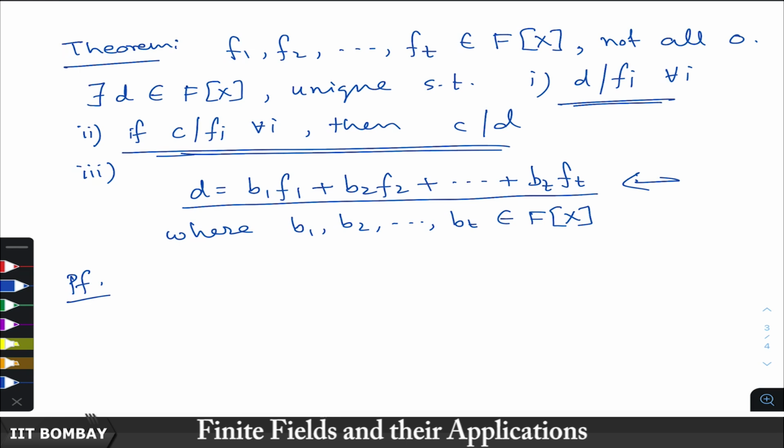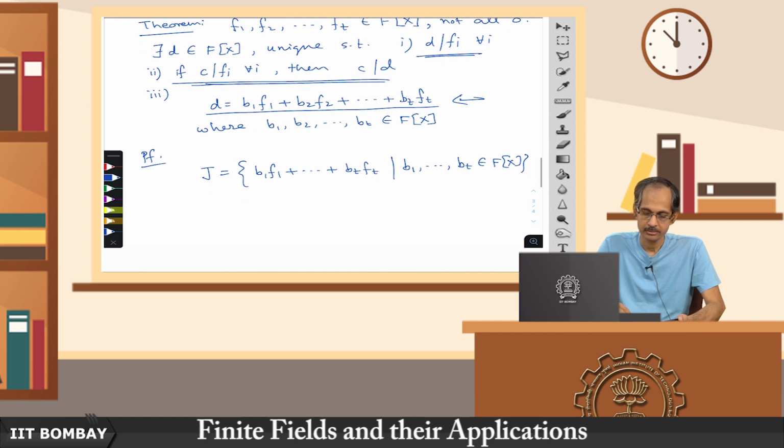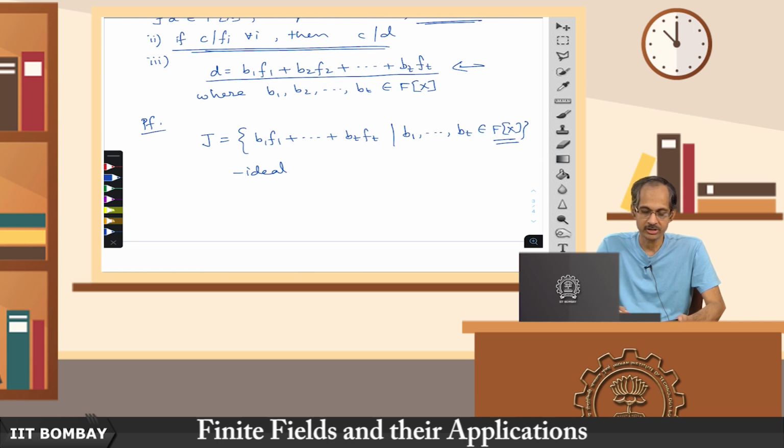Take the set J of b1 f1 plus up to bt ft, with b1 up to bt from F[x]. Then this clearly forms an ideal in F[x], and because F[x] is a principal ideal domain, this ideal has a unique monic generator, which is the unique monic smallest degree polynomial in this ideal.